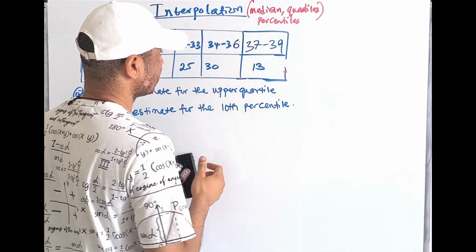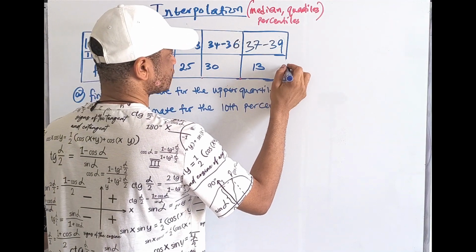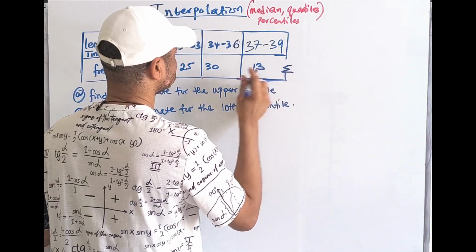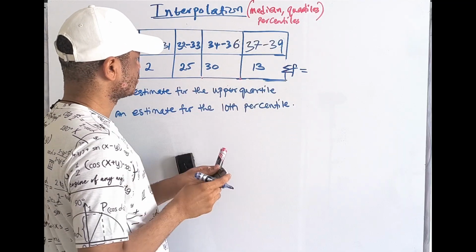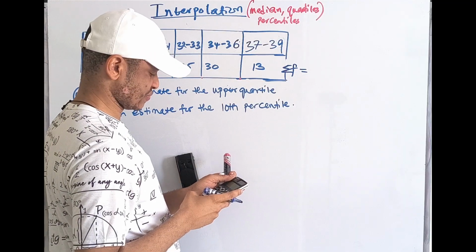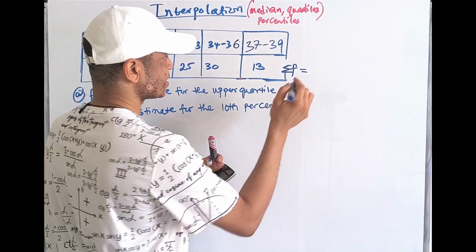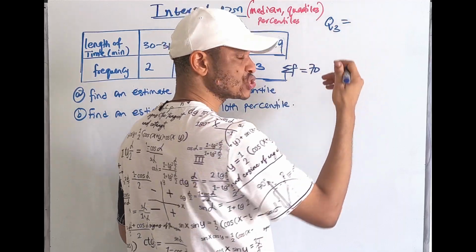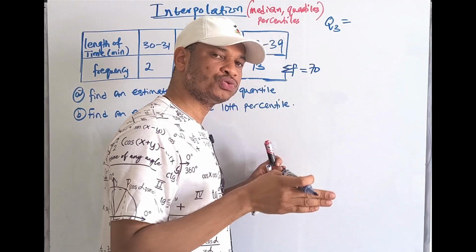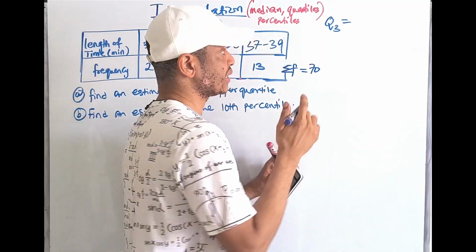Now, what do we do from here? First, let me determine the frequency. The total frequency is the summation of the frequencies: 2 plus 25 plus 30 plus 13. That's 70. And I know my upper quartile, we use Q3 to represent the upper quartile, Q2 for the median, Q1 for the lower quartile.